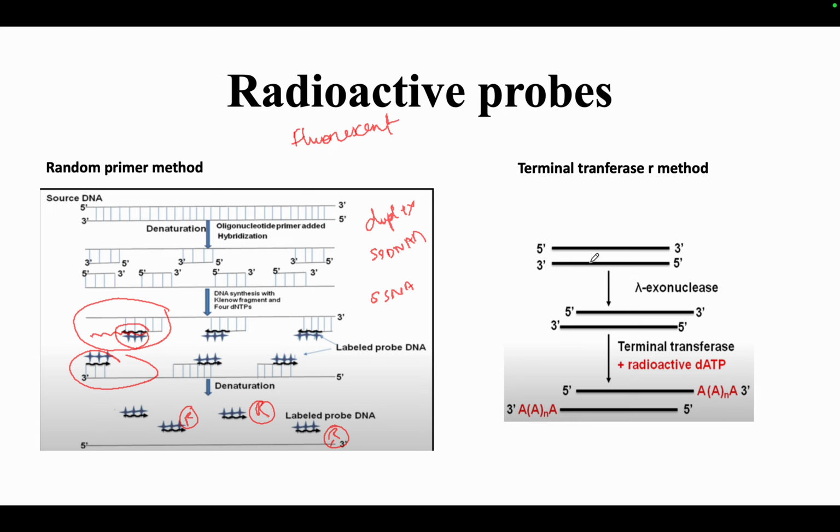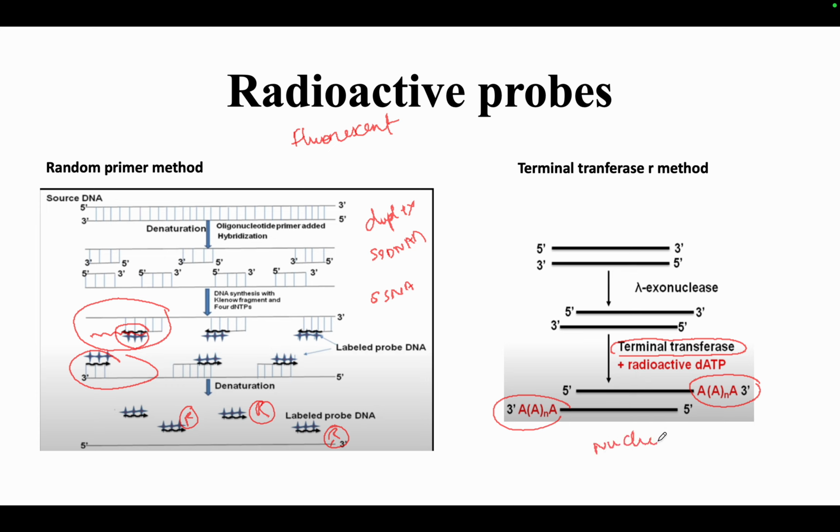The next method is the terminal transferase method. This is also a very important method, in which terminal transferase is the enzyme. As the name suggests, at the terminal end, that is the 3' end, it will attach one nucleotide.